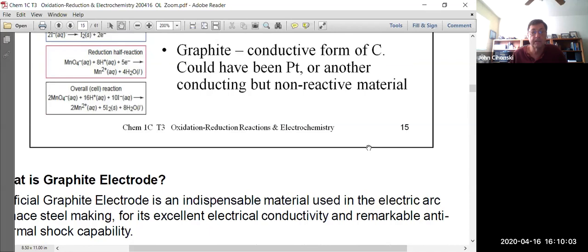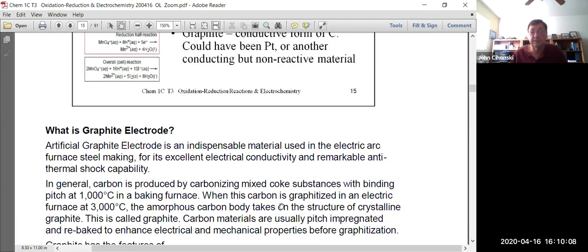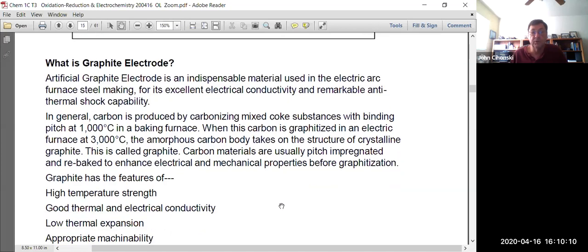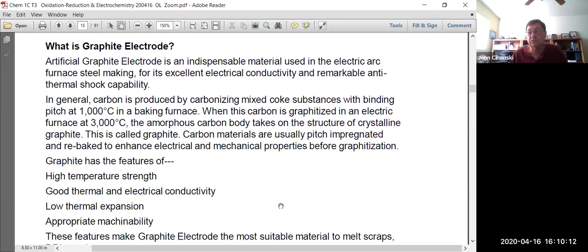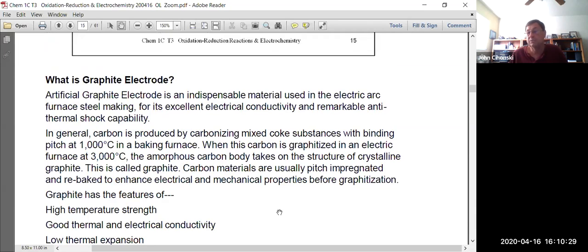Okay? All right, now, I am not going to cover this, but if you want, get a screenshot of this or just Google it. It's a fascinating and interesting material, but it talks about making carbon material that is pretty highly conductive, okay? Also, just for your information, graphite, you can layer it in sheets.